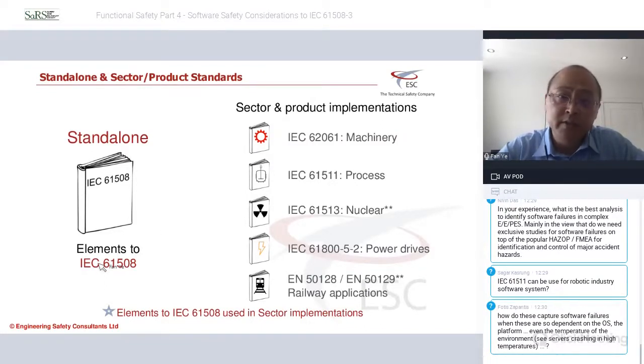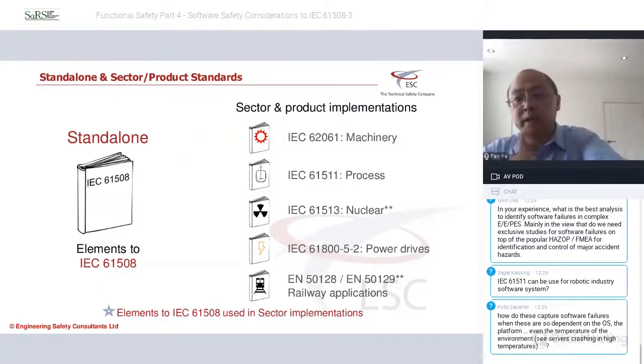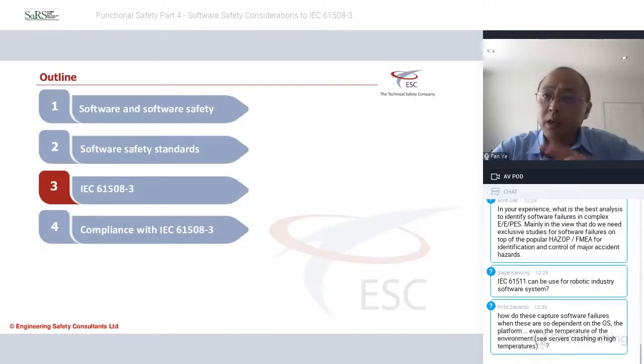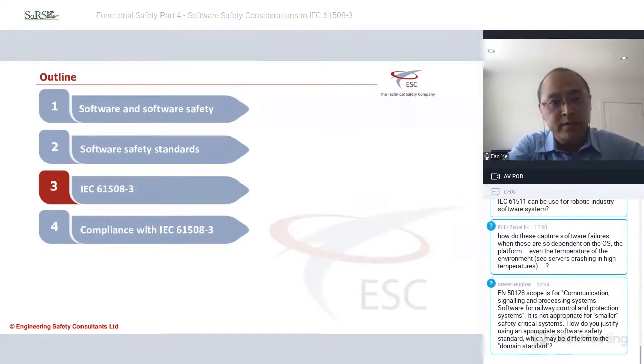For those devices that are SIL certified on the market, you can take them and directly use them to meet the sector-specific standard. That's the advantage, and there is a large number of those devices available on the market. So that summarizes the standards that cover software safety in high-risk industry.